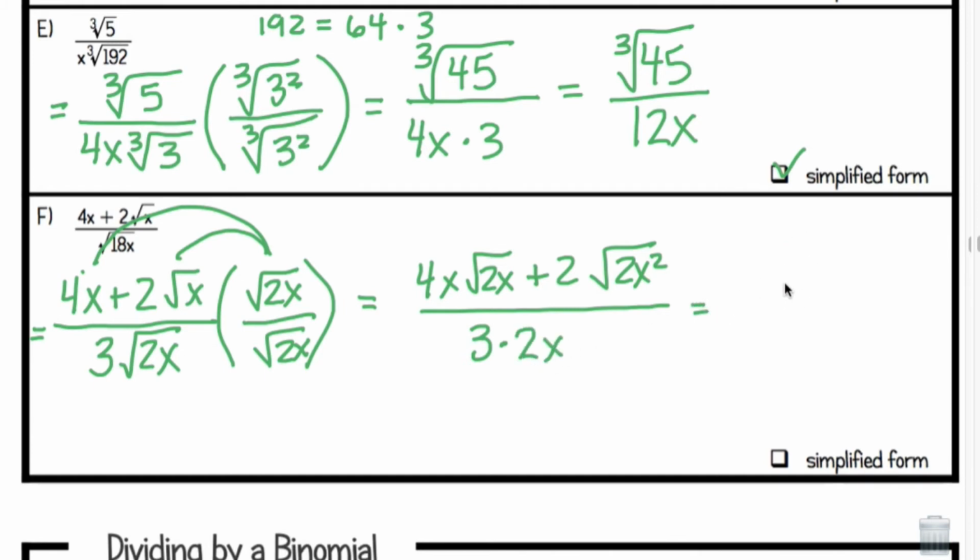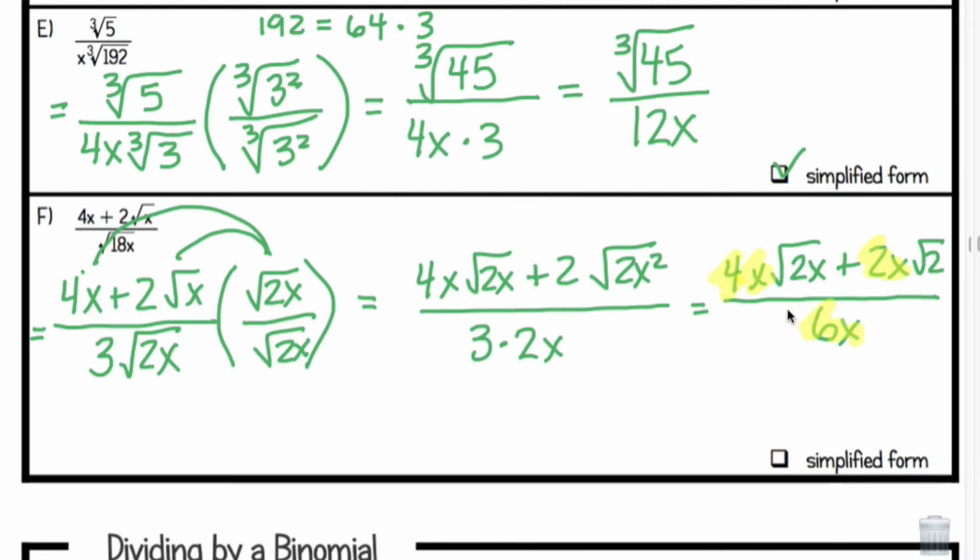And then I can do some simplifying up here. I have 4x square root of 2x plus 2x square root 2, and I have 6x. And you can see here that if I have something in common, the 4, 2x, 6x, I can simplify, right?